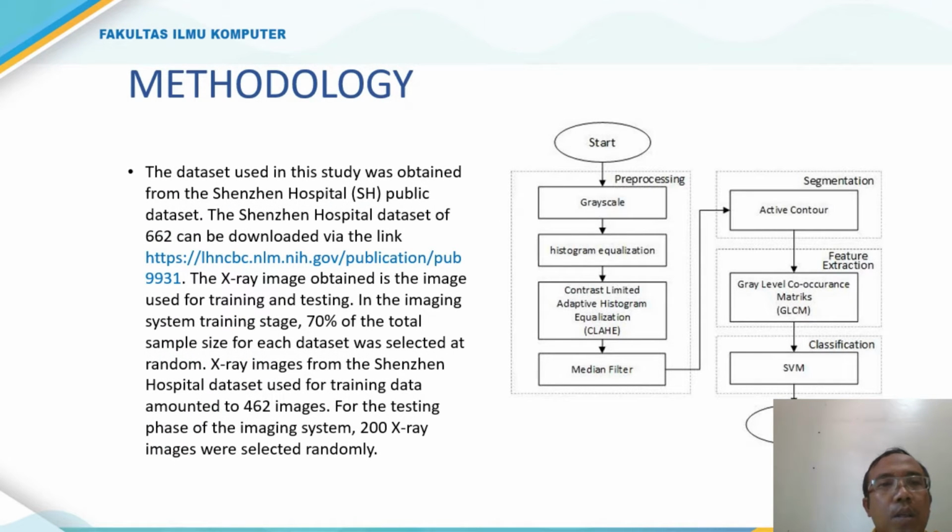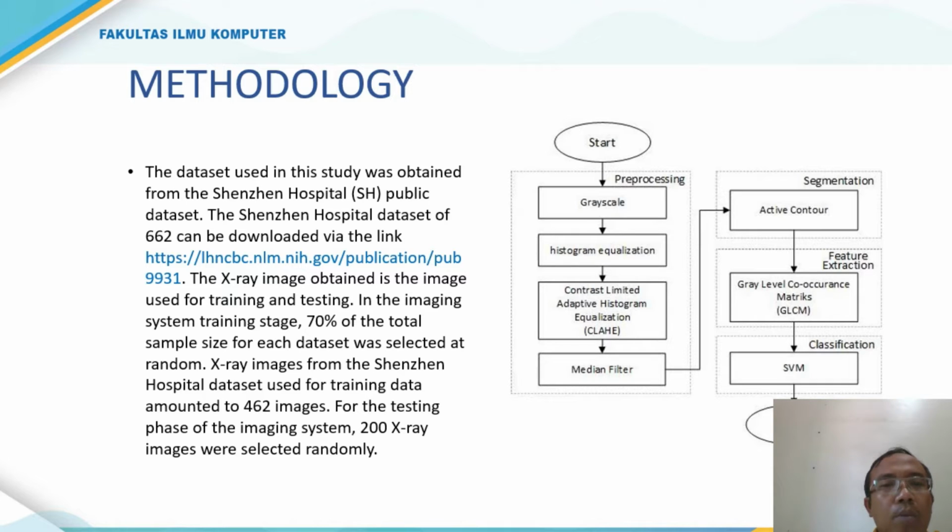Methodology. The dataset used in this study was obtained from the Sanson Hospital public dataset. The Sanson Hospital dataset of 662 images can be downloaded via the link. The X-ray images obtained are used for training and testing. In the training stage, 70% of the total sample size of each dataset was selected at random.